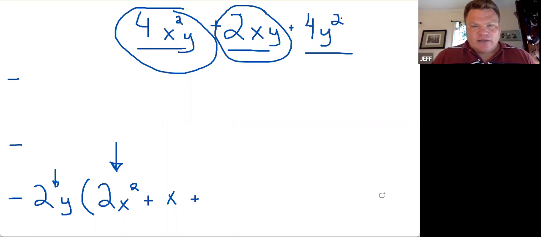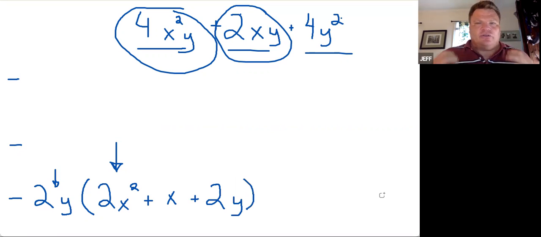Same thing here with the last one. 2 times 2 is 4, so a 2 is going to go right here. And we took out one of the y's, so there's 2 y's here, so there's one y left to go here, and now we're done. And nothing looks satisfying about that. This is the way that I think is not the best way to answer this question.